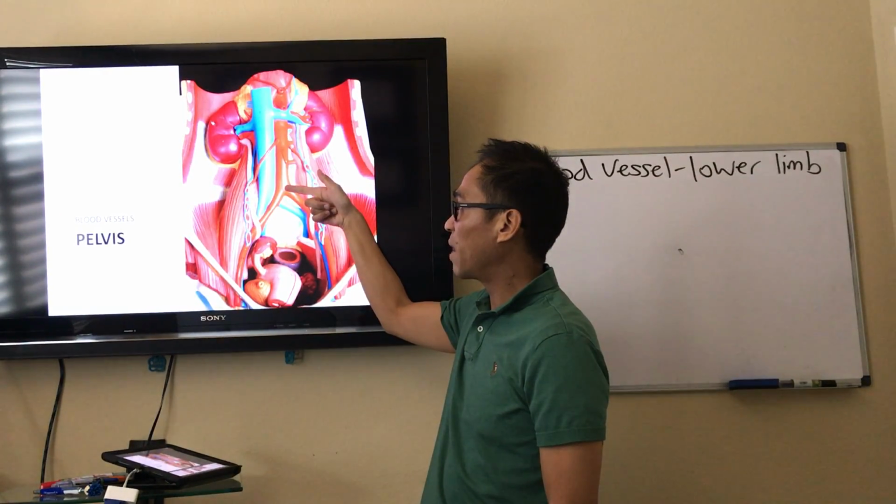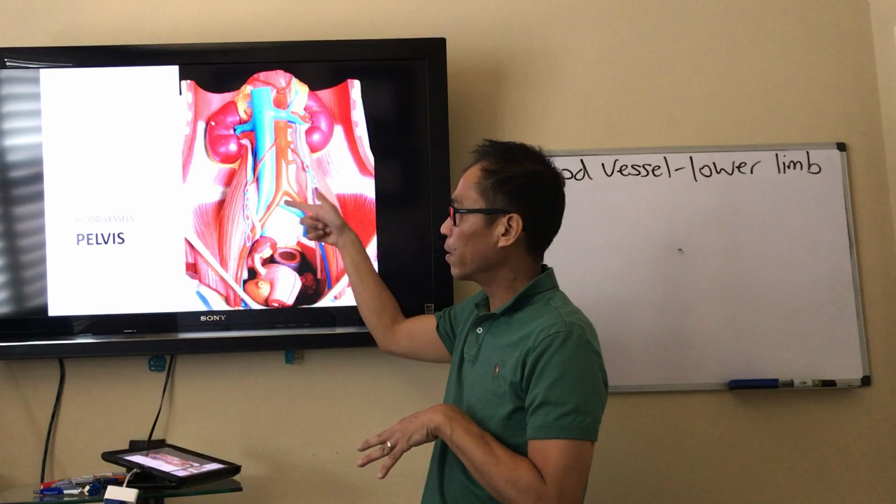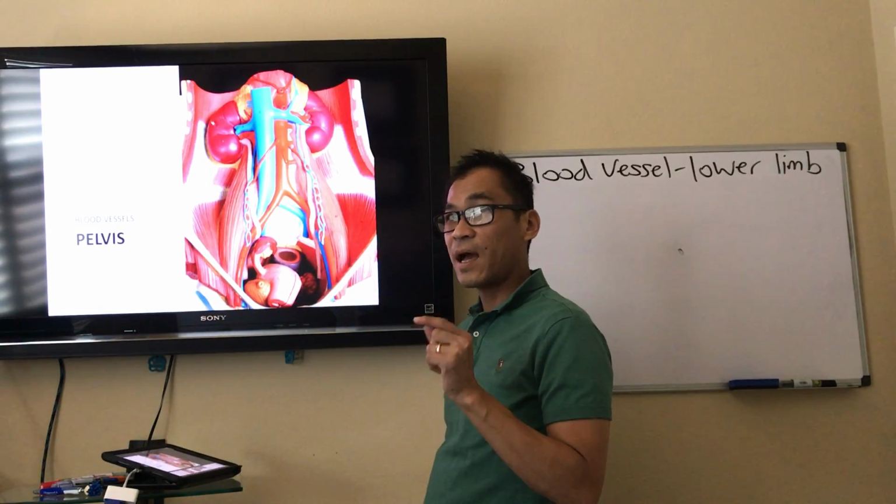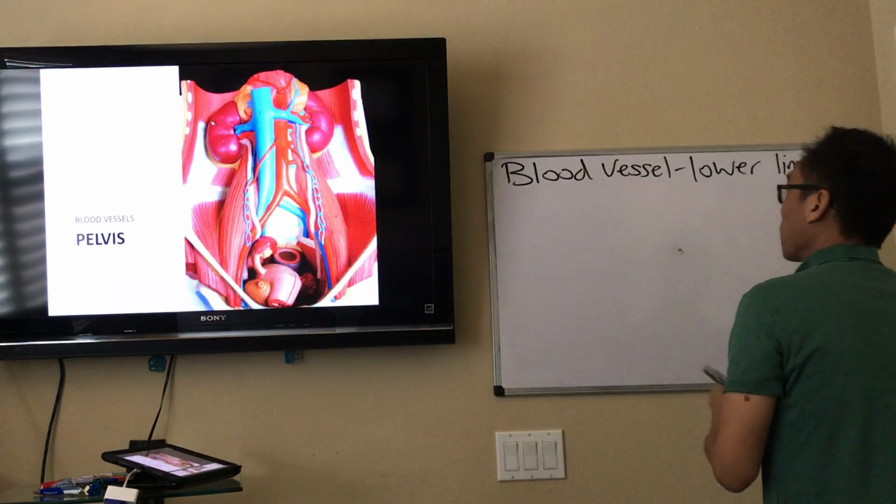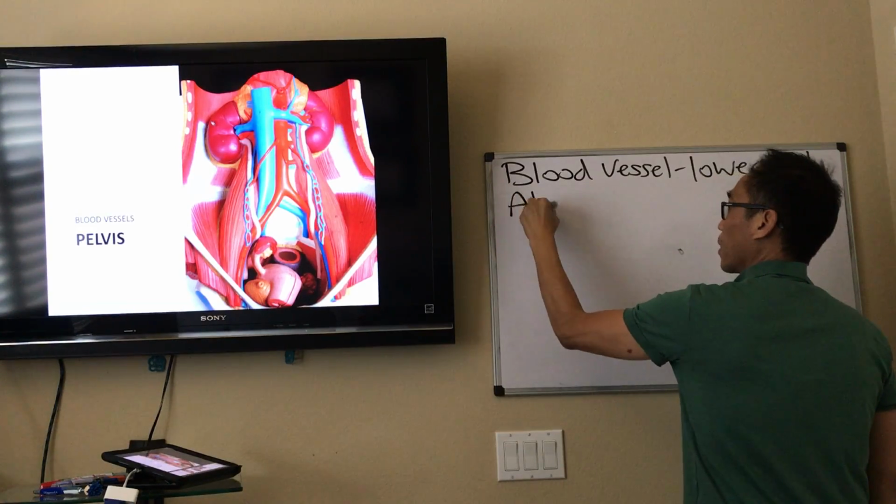ends right there and bifurcates at about the level of L4 into the common iliac arteries. So, first thing to note, abdominal aorta.